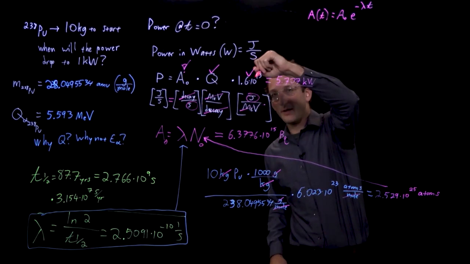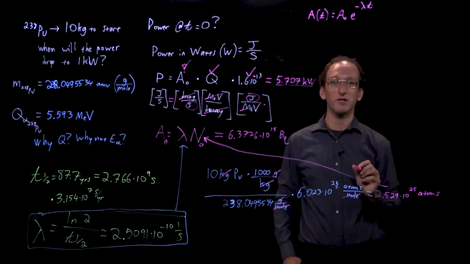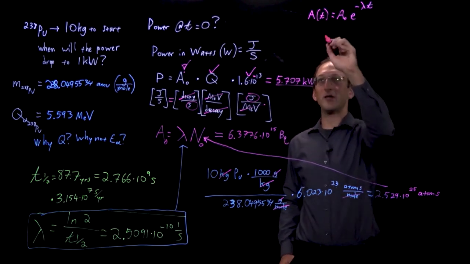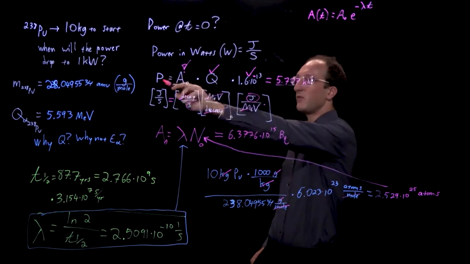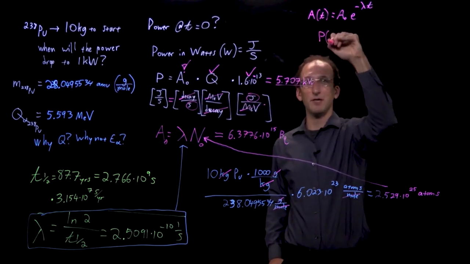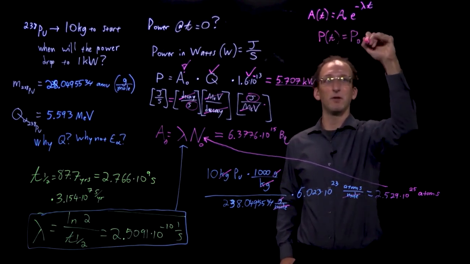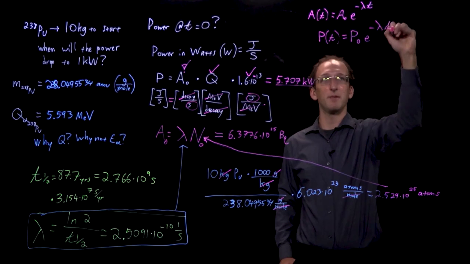There should actually be a little negative sign in there. That's very important. There are not a lot of joules in an MeV. So we can actually replace activity with power on both sides of the equation. And we can say power at time t equals the power at time 0 times e to the minus lambda t.